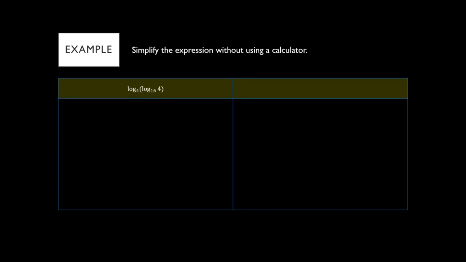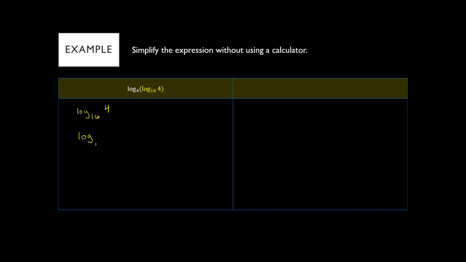So just like the other example, I'm going to be working on the inside first. We want to simplify this log base 16 of 4. I'm going to start with that. We don't know what this is equal to. Now, in the previous example, I rewrote this in exponent form. In this case, instead, what I'm going to do is take that base of 16 and rewrite it as a power of 4, because we've got 4 that we're taking the log of.